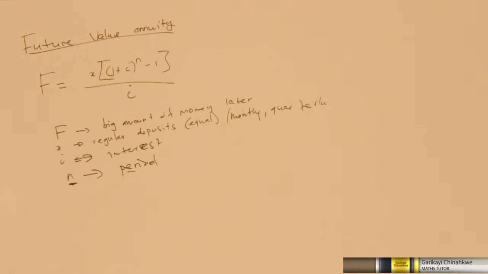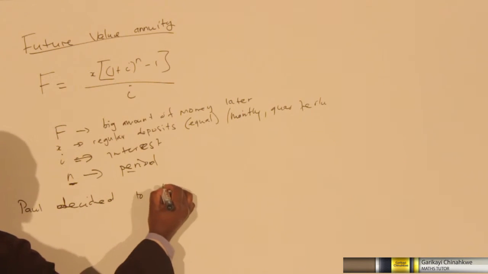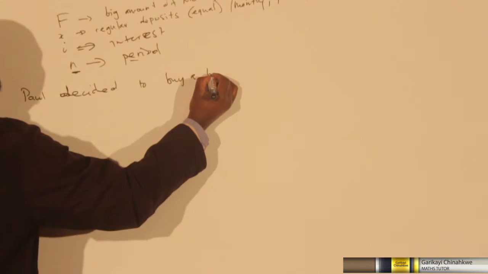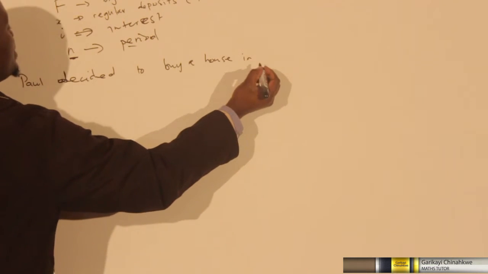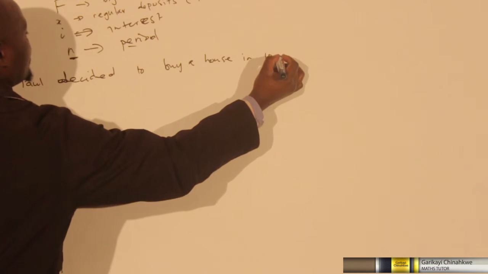Okay, for example, Paul decided to buy a house in 10 years' time.